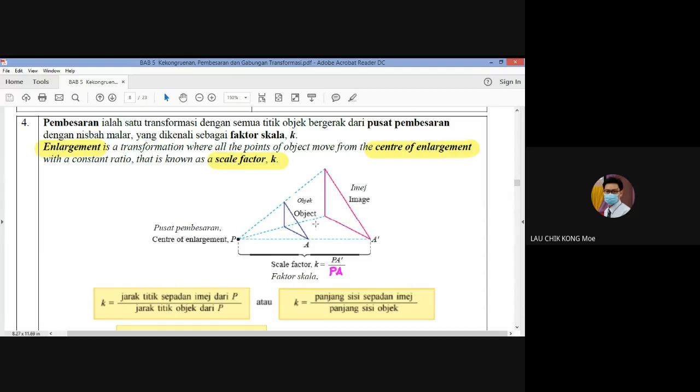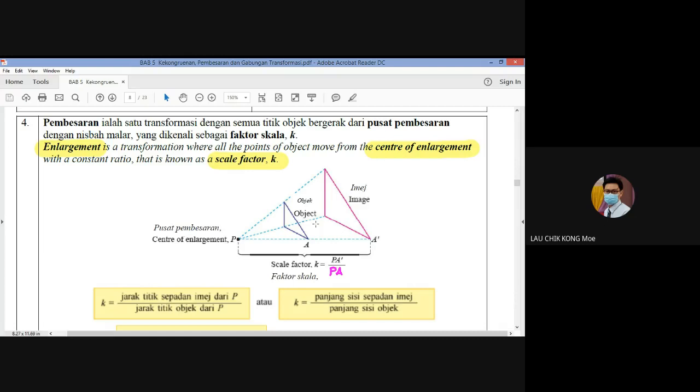And number 2 is the scale factor. Scale factor K. We use a small lowercase letter K. Scale factor means faktor skala, ini bermaksud berapa kali dia telah dibesarkan atau dikecilkan. So seperti dalam kelas hari itu saya telah beritahu, enlargement ini, pembesaran ini, dia tidak semestinya kecil jadi besar.